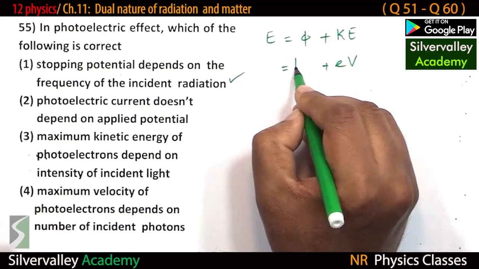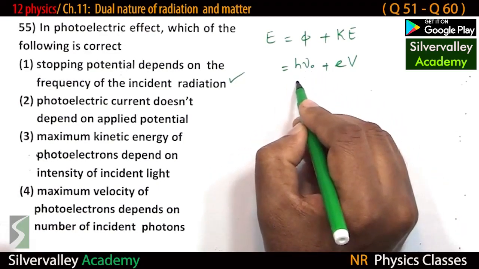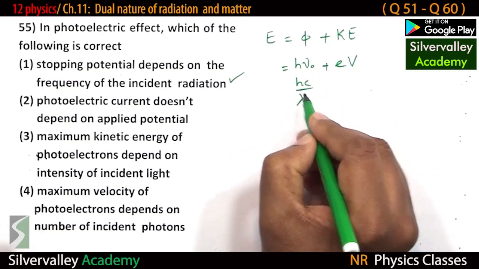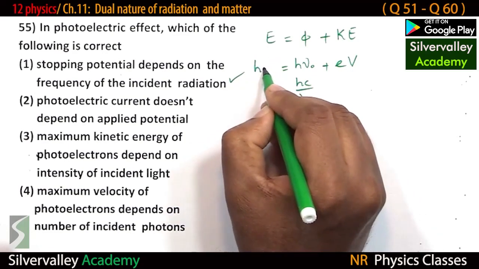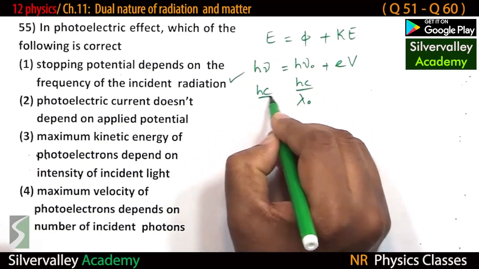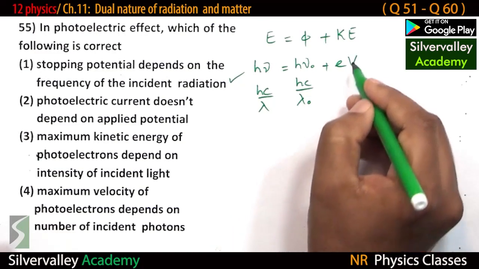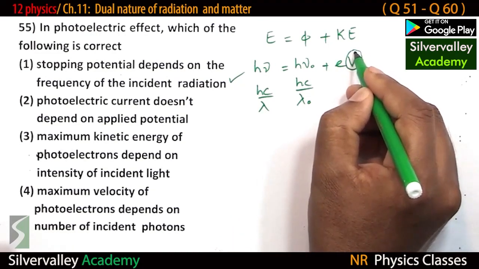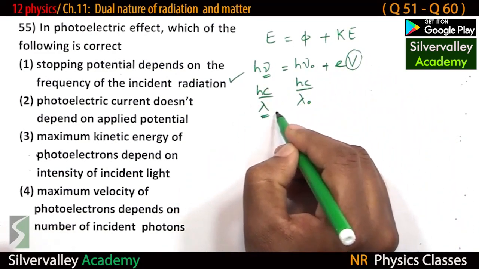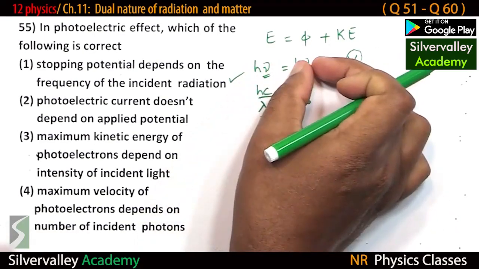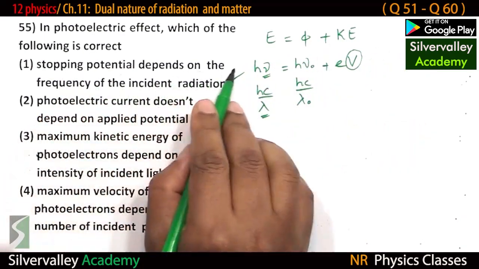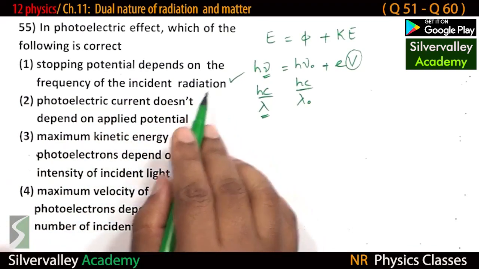Phi has threshold frequency, threshold wavelength. E has frequency and wavelength. So this is dependent on both E and phi. So stopping potential depends on frequency of incident radiation.